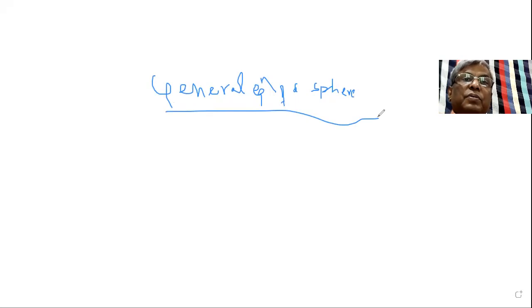If we talk about a sphere and the result is generalized, then with the help of this result, you can find so many particular results, and this may be further taken for the concept of a standard also. So what is the general equation of a sphere?